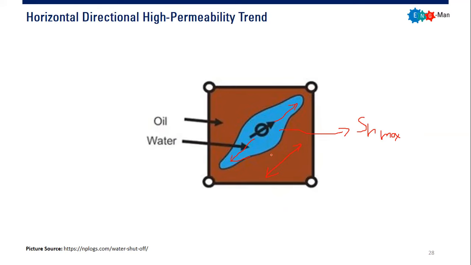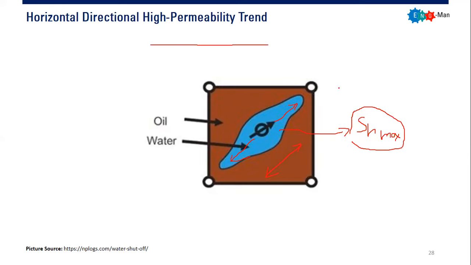Okay, so in many cases, this direction where the high permeability trend is developed is because of the direction of the maximum horizontal stress. But not always. In many cases as well, this is just due to depositional issue. Okay, so originally the deposition is developed like that.